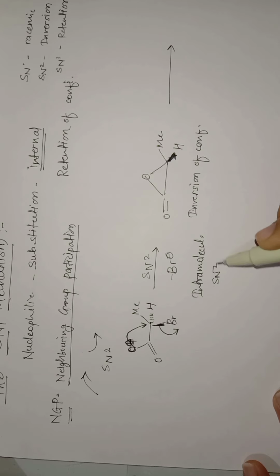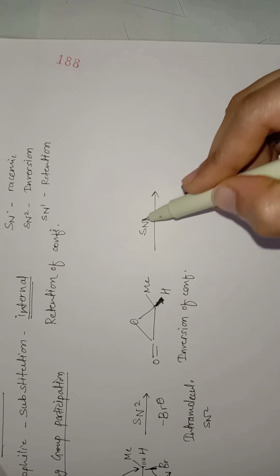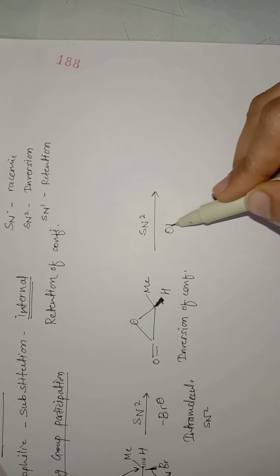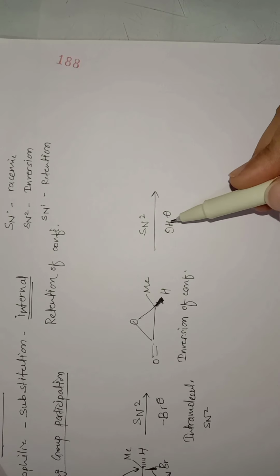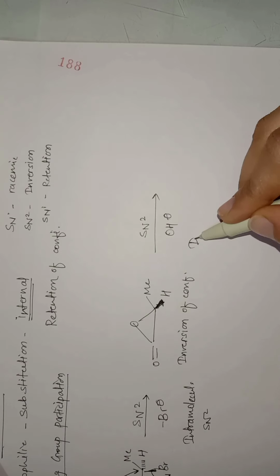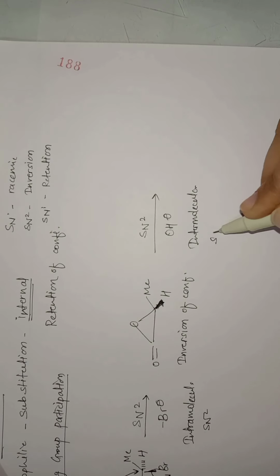Intramolecular SN2 mechanism, right? And the second step is, the second SN2 attack will take place from the outer side, by an outer nucleophile. If it is OH minus, then this attack of the nucleophile will take place from the outer side. So it will be an intermolecular SN2 attack.